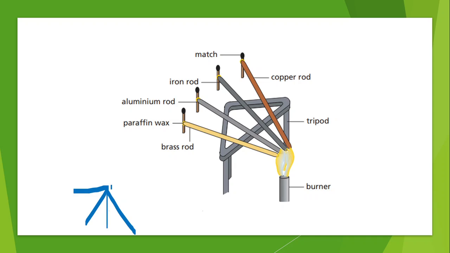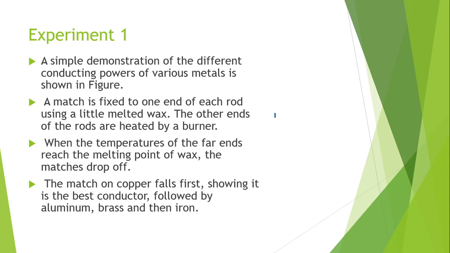Now, the view that I am drawing is a sideways view, and on this tripod we have these four metal rods. The first one is made of brass, the second is aluminum, then iron, and then copper.